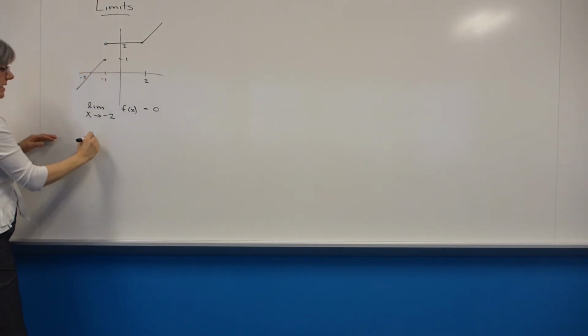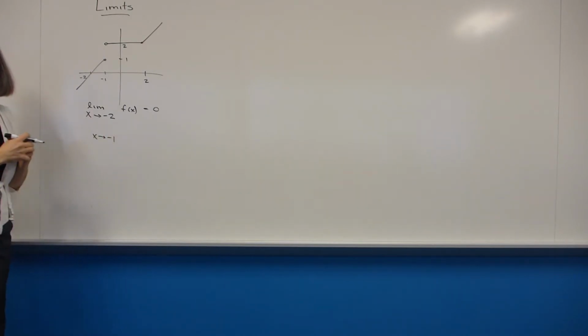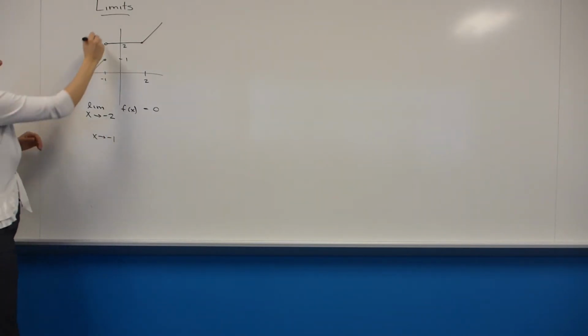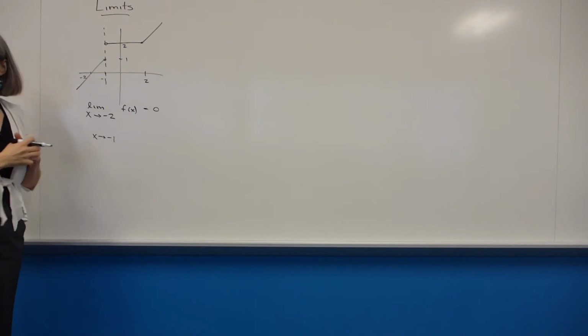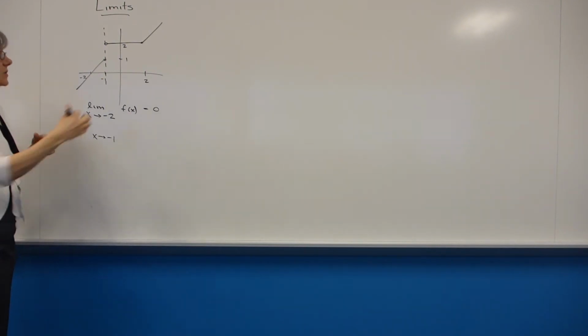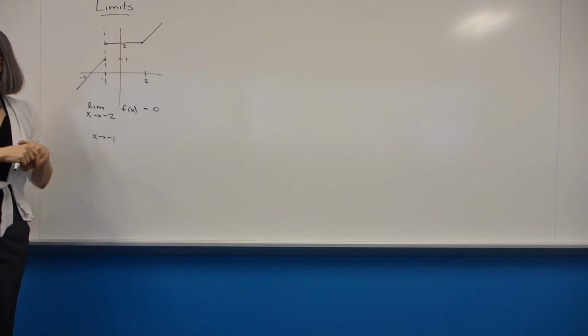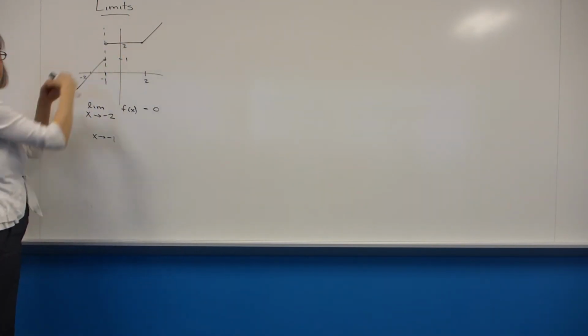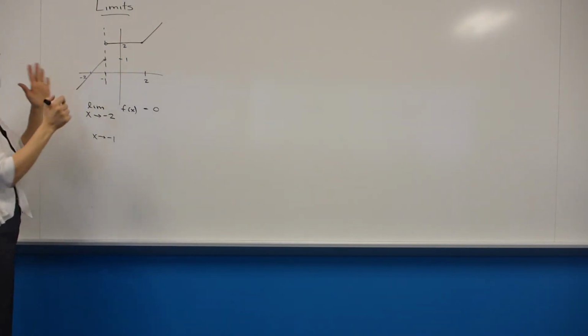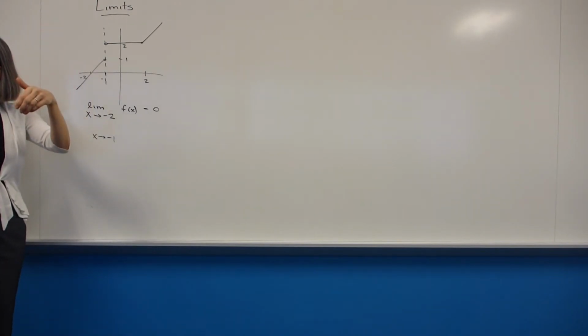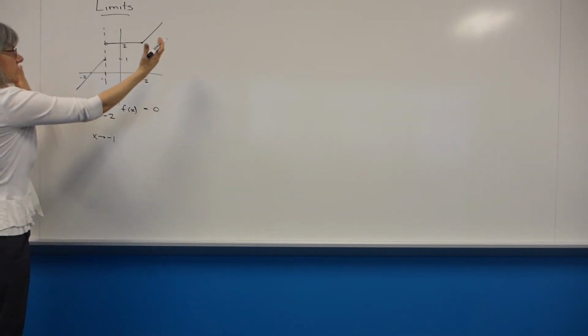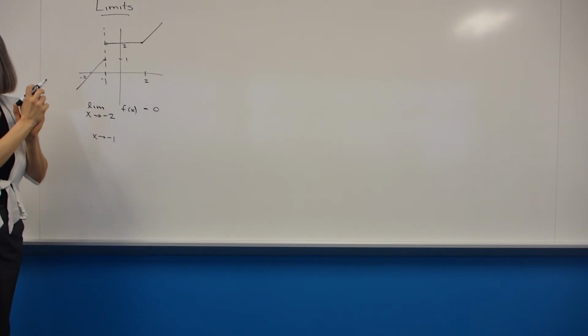What about as x approaches -1? Again, draw a dotted line at the x value of interest, then look at what the graph is doing as it gets close.